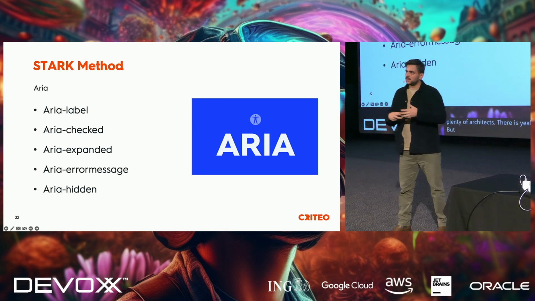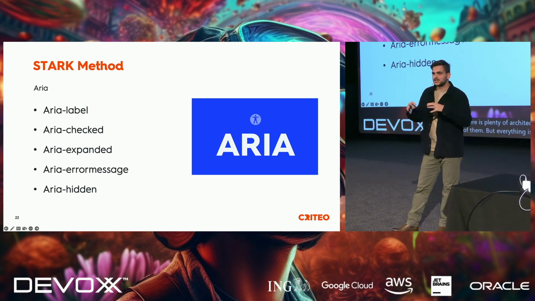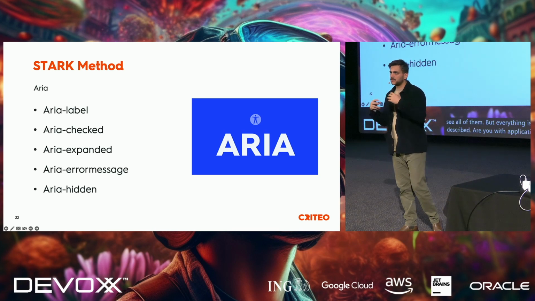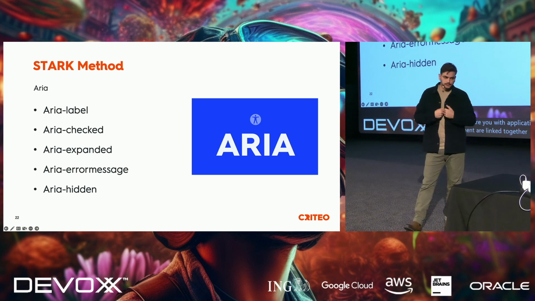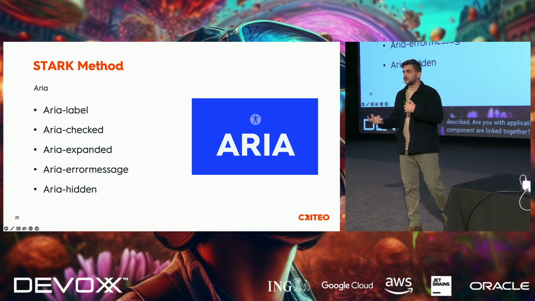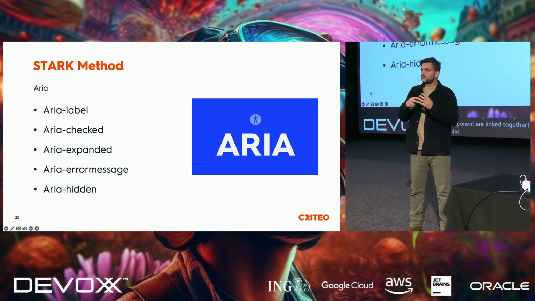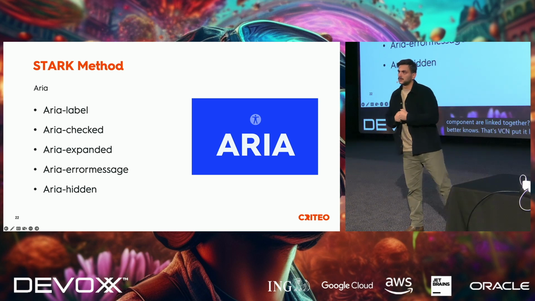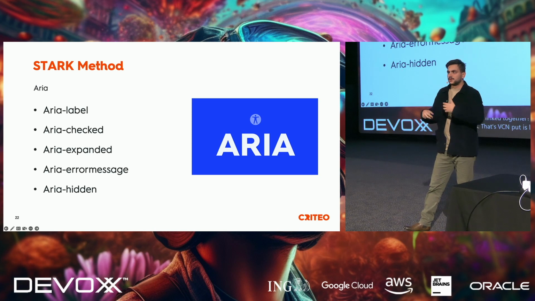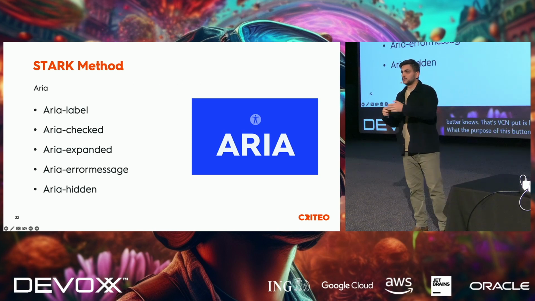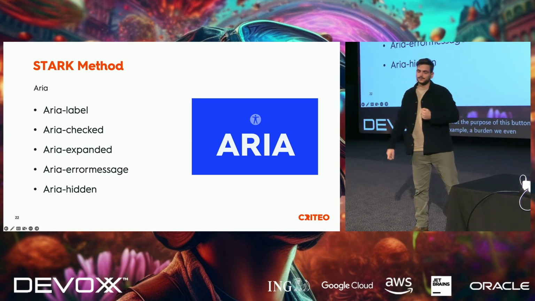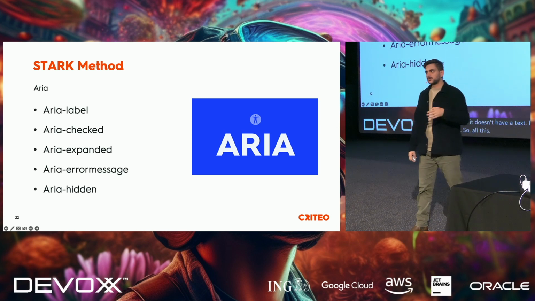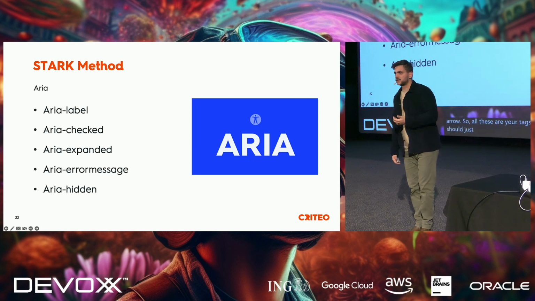But everything is made to better describe how your web application and its components are linked together. That way, a screen reader will better know that this input is linked to this label, or what the purpose of a button is if it doesn't have a text, for example a button with an arrow. So all these ARIA tags are really important and you should try to use them as much as possible.